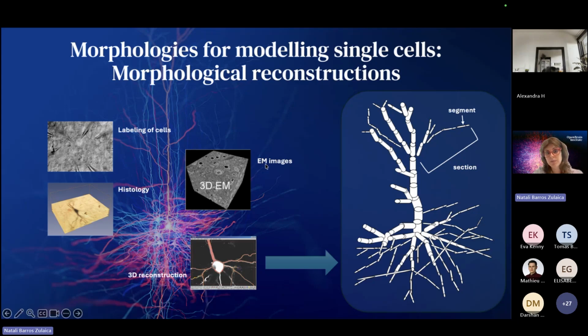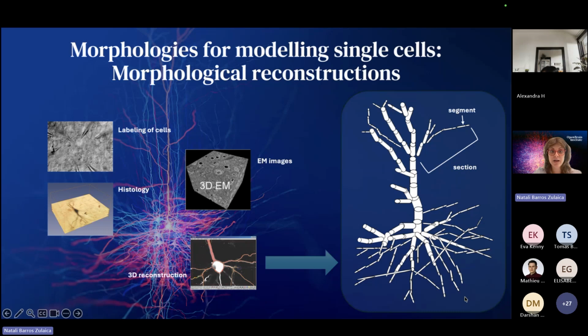There is also the possibility of having a block of tissue and taking very precise pictures while slicing the brain. This is called electron microscopy imaging. With this set of images, people use different software, and then they can reconstruct the whole or most of the morphology in 3D.